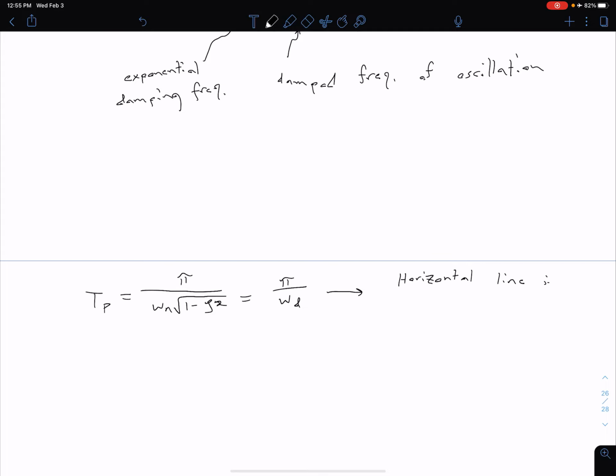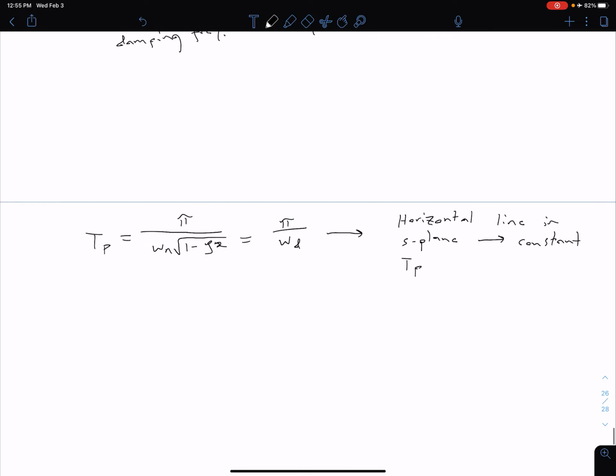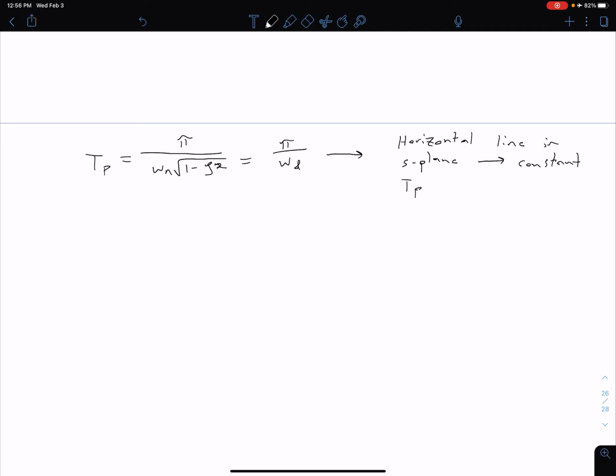So a horizontal line in our s-plane corresponds to constant peak time t sub p. And that's through that argument that our omega d is basically the same along those horizontal lines. And we'll look at how it changes as we go further from the origin or closer to the origin in a second. Similar thing we can do with our settling time.